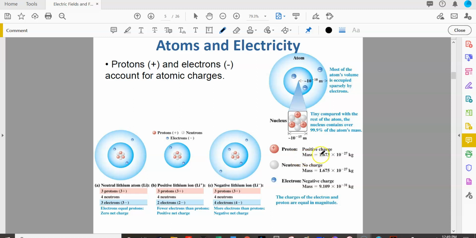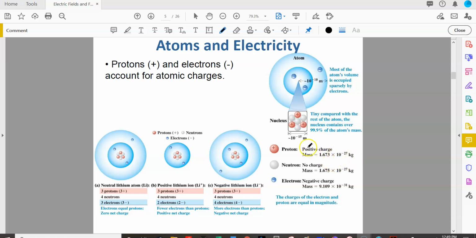So the mass of a proton is actually very, very massive in comparison to an electron. Protons and neutrons are really massive. They're both 1.67 times 10 to the negative 27th kilograms.